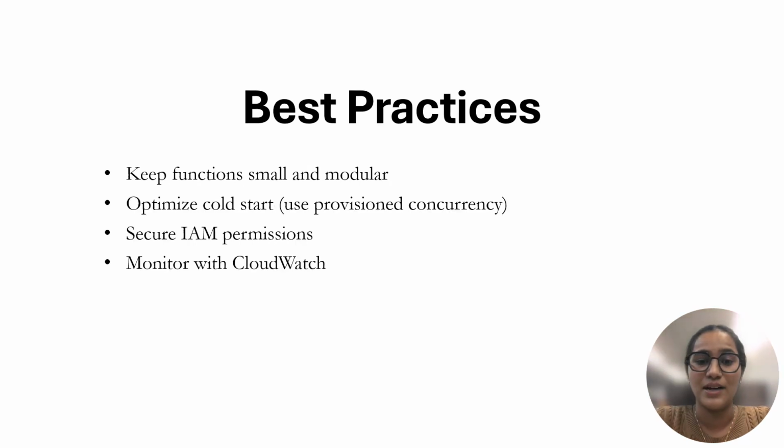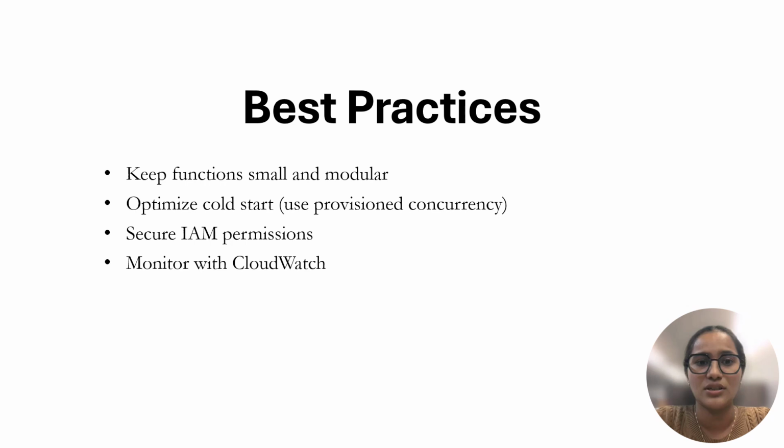What are the best practices for using Lambda? Now you know what Lambda is, what the pricing model is, and where it is used. Now you need to know how to use Lambda efficiently. To make your Lambda functions efficient, keep them small and modular, one job per function.